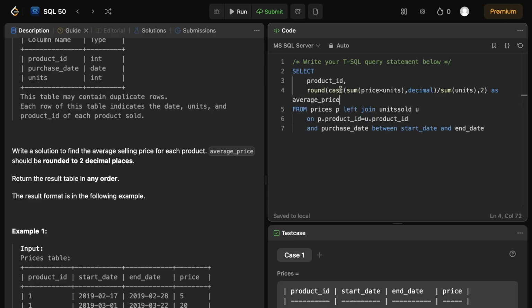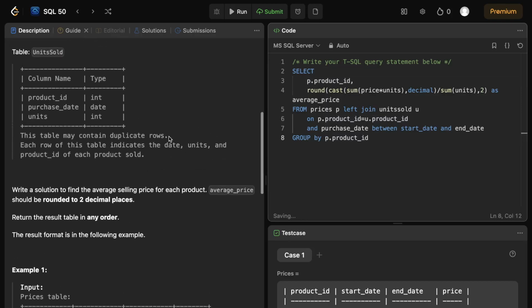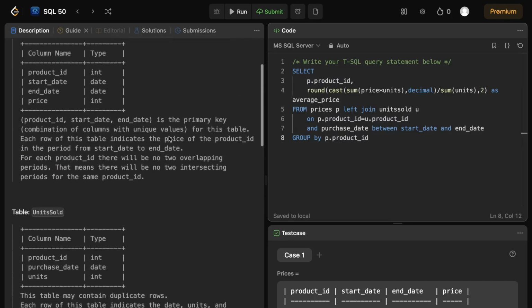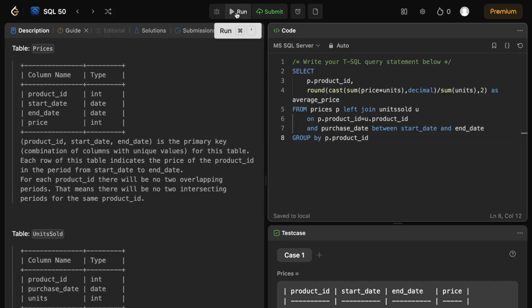So as I have used an aggregate function over here, my group by statement will be group by product id, and over here it should be p dot product id. Yeah, let's run it and see if we are getting expected results.